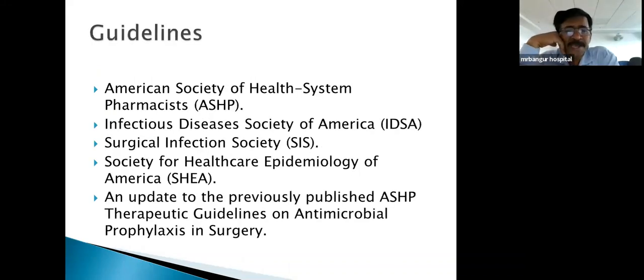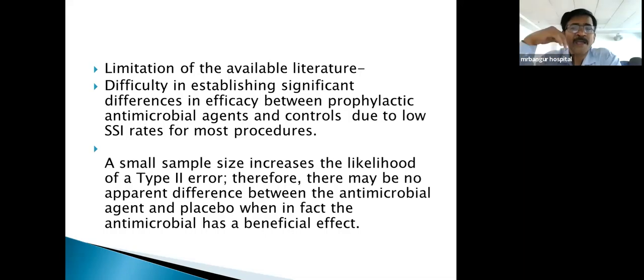Different societies have created guidelines for administering antibiotics in different abdominal conditions. I'm not going into the details of each of these guidelines, but we will give an overview of the current practice for antibiotic policy in different abdominal conditions.